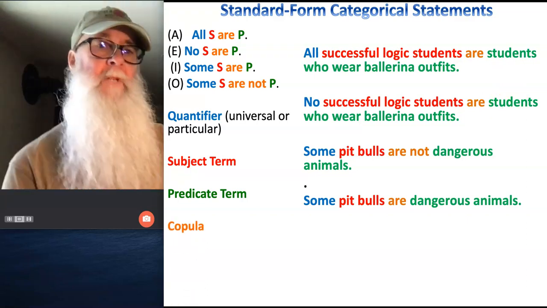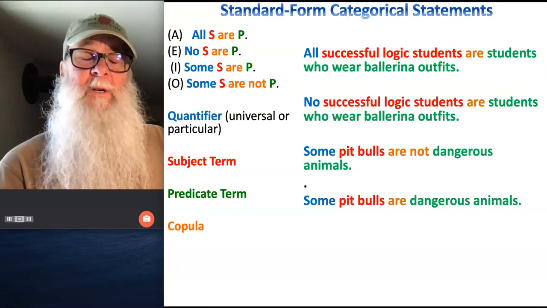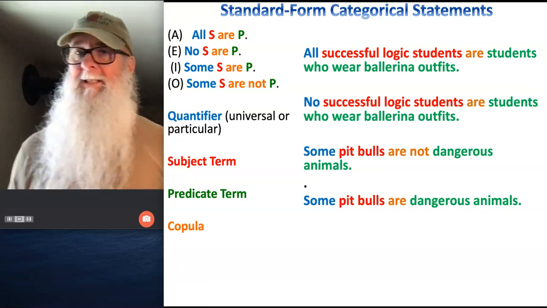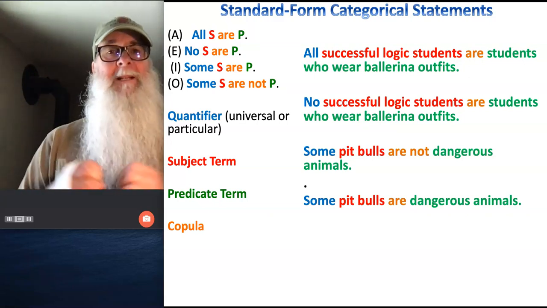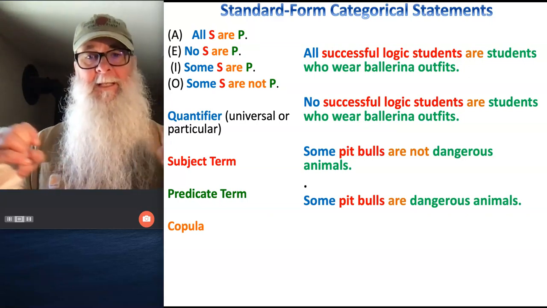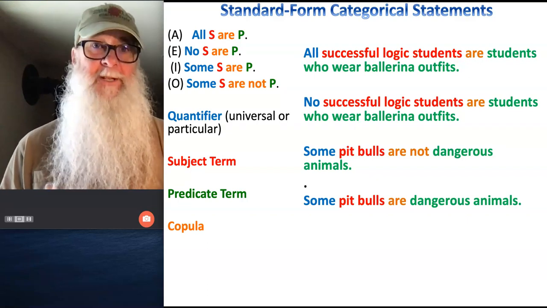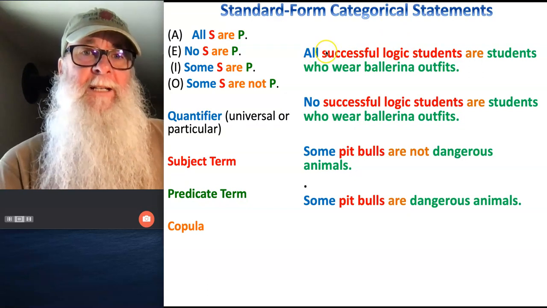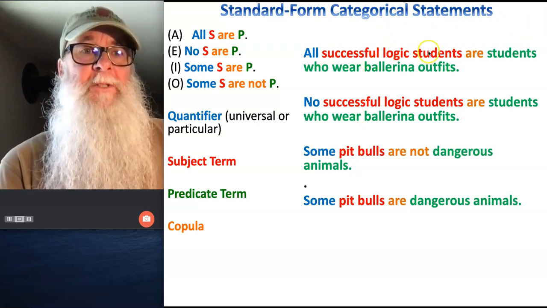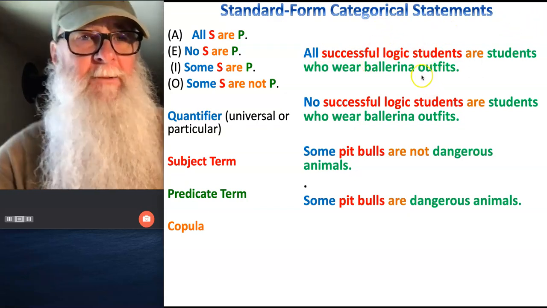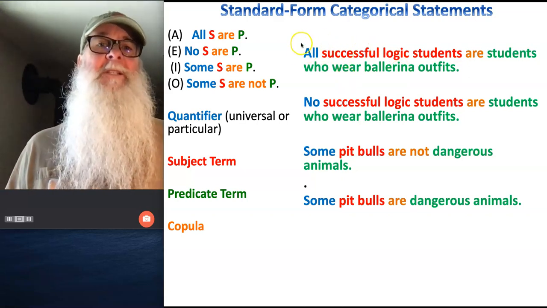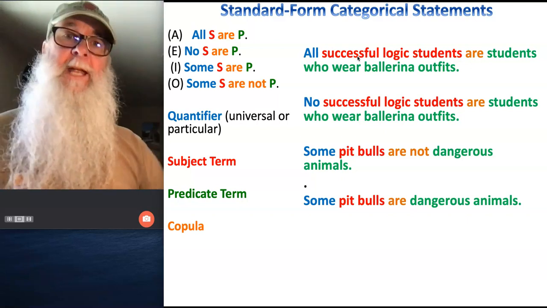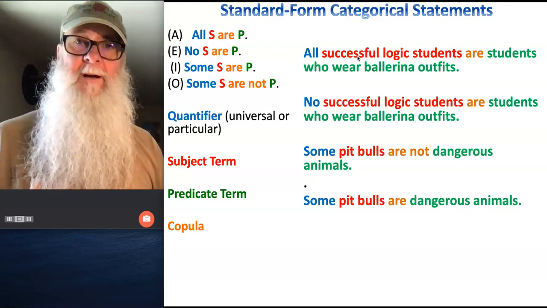Every word here in orange is what's called a copula. And what a copula does is it couples. It brings members of two categories into a relationship with one another. It couples them. So for example, this A statement right here is coupling up successful logic students and students who wear ballerina outfits, and it's doing it in a way that says that all of those students are included in the category of those ballerina outfit wearers.